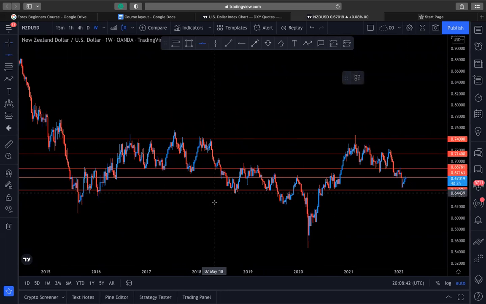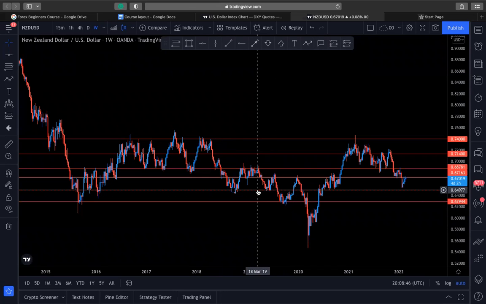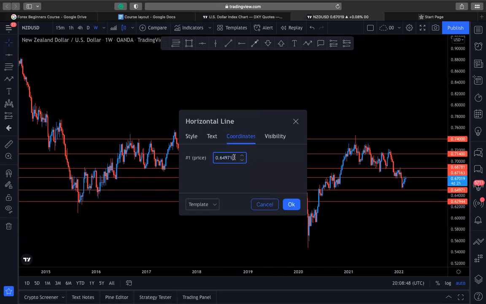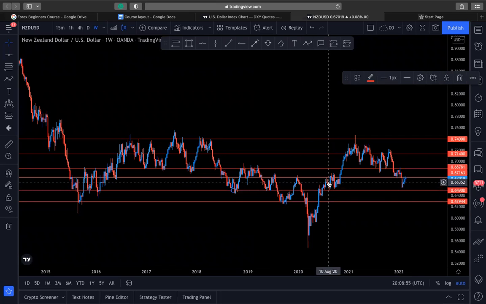Identifying these major zones. Make sure I have this in a whole number.